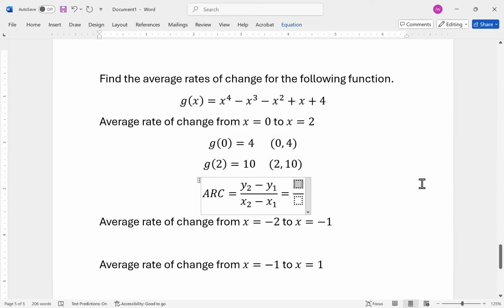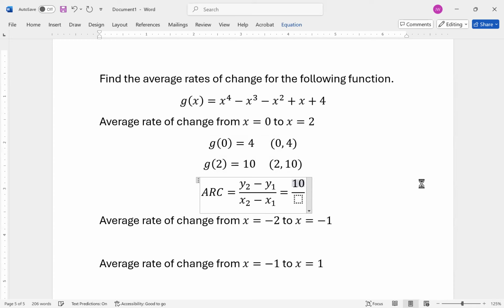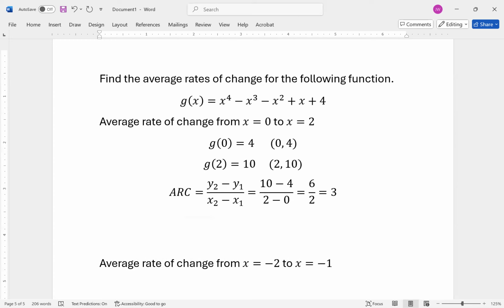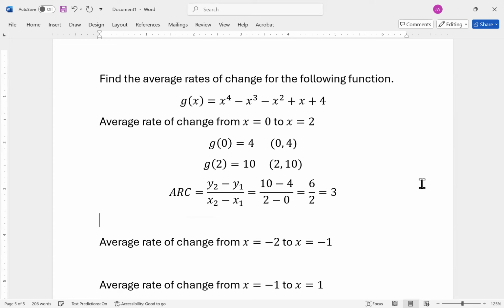So the y value of the second point, which is 10, minus the y value of the first point, which is 4, over the x value of the second point, which is 2, minus the x value of the first point, which is 0. I end up with 6 over 2, which is 3. So the average rate of change between these two values is 3.